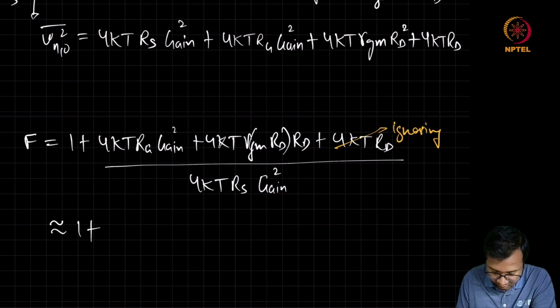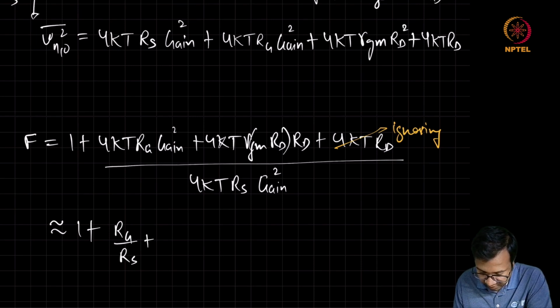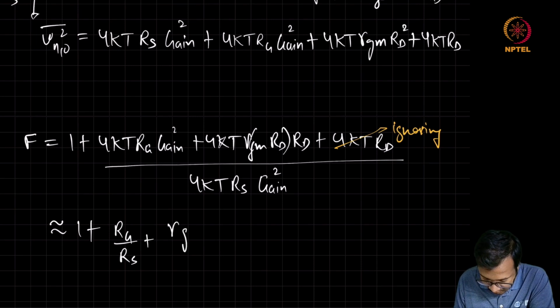We divide both these terms with 4kT Rs gain square. We get Rg by Rs plus gamma Gm Rd into Rd divided by Rs.